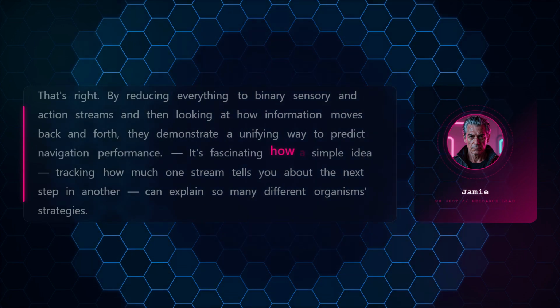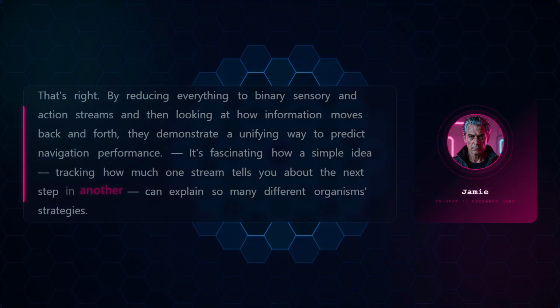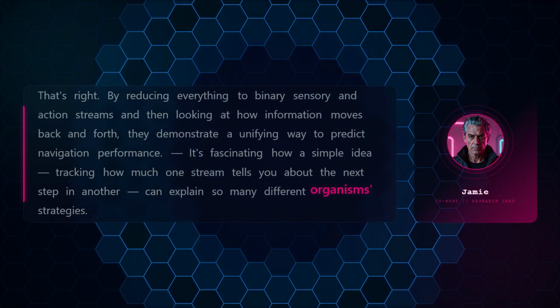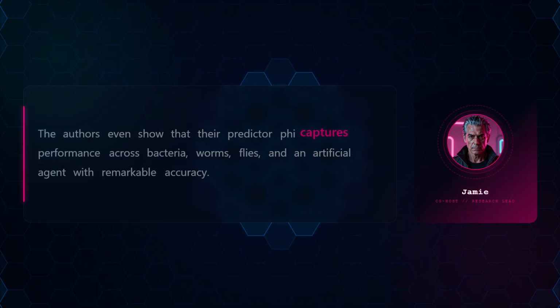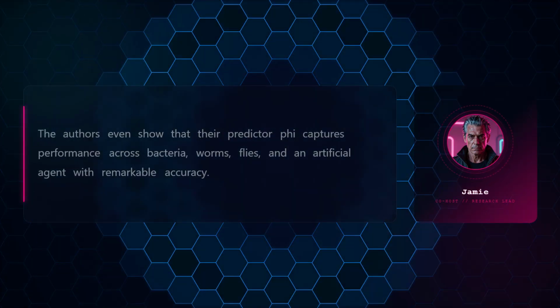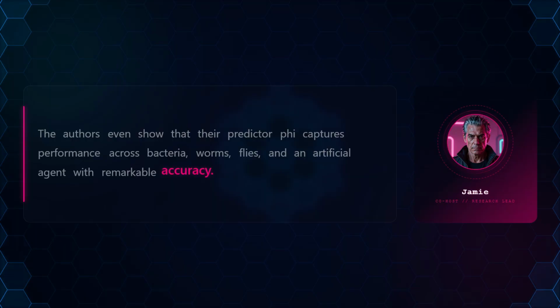It's fascinating how a simple idea, tracking how much one stream tells you about the next step in another, can explain so many different organism strategies. The authors even show that their predictor phi captures performance across bacteria, worms, flies, and an artificial agent with remarkable accuracy.